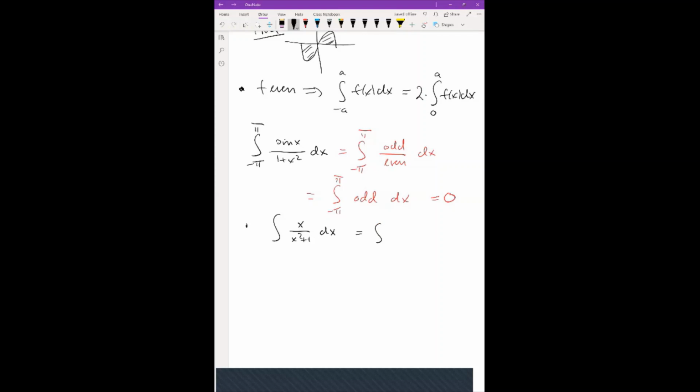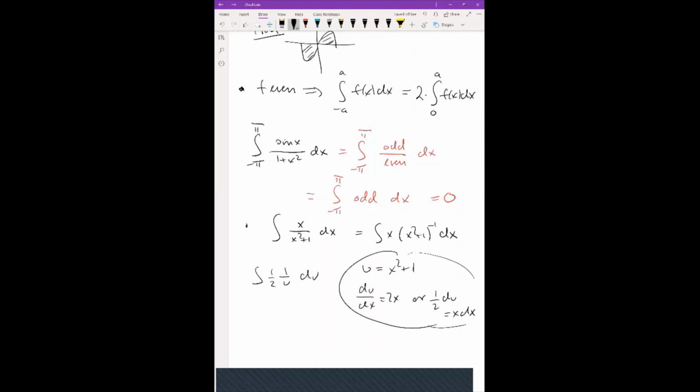Again, if you rewrite it, it's x times x squared plus 1 to the minus 1 dx, which indicates that you might choose u to be the inside, u is equal to x squared plus 1, and then du dx is 2x, or x dx is 1/2 du. And if I plug this in, this becomes 1/2 times 1 over u du.